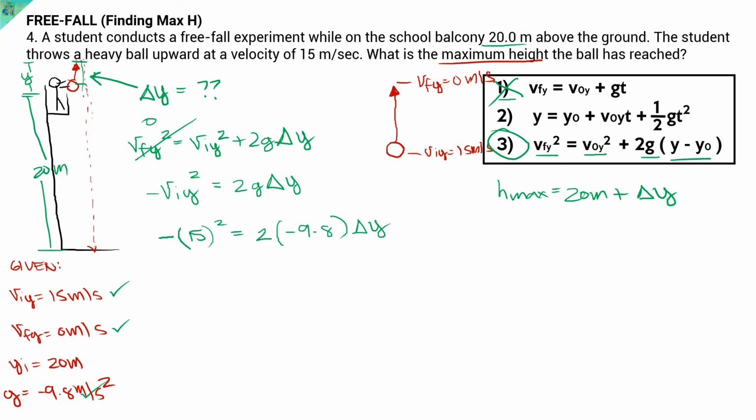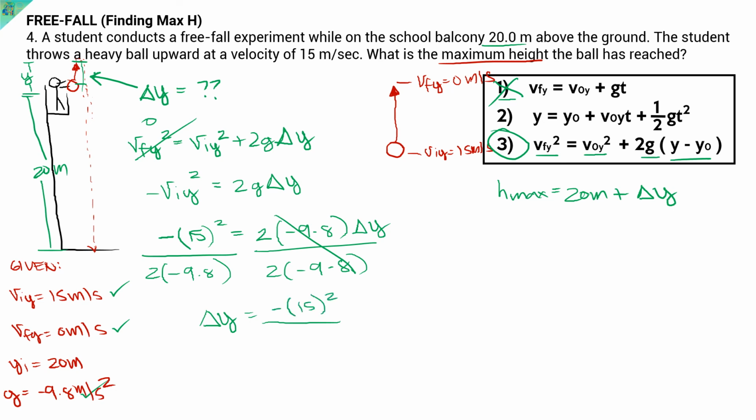So we want to isolate delta y, so we can divide both sides by 2 times negative 9.8, so we can cancel this out. Our formula now for searching for delta y is negative 15 squared over 2 multiplied by negative 9.8.